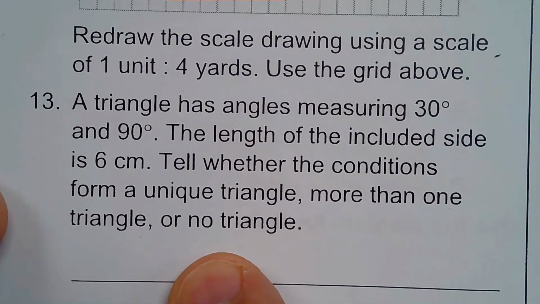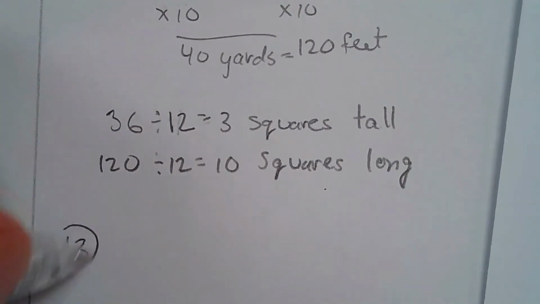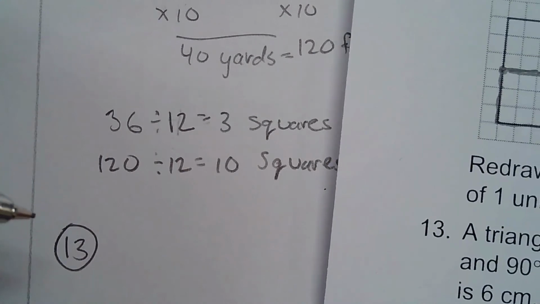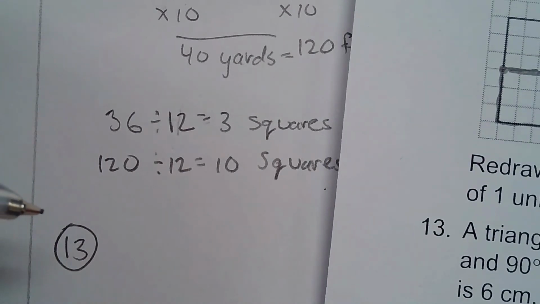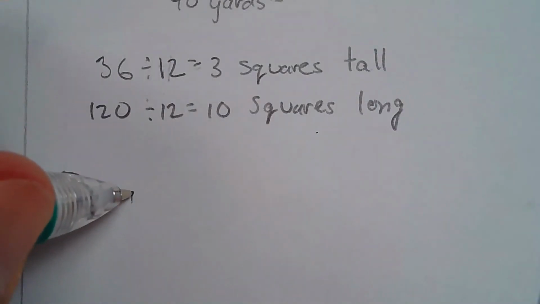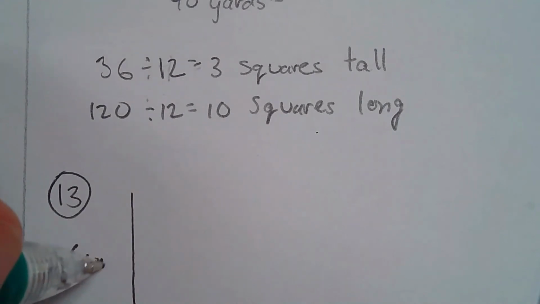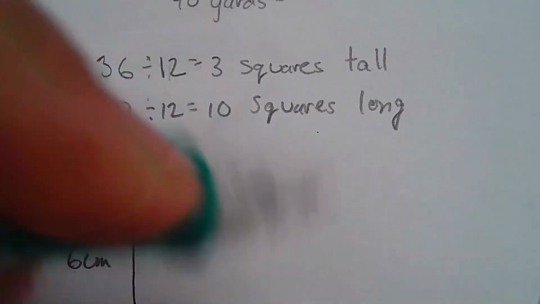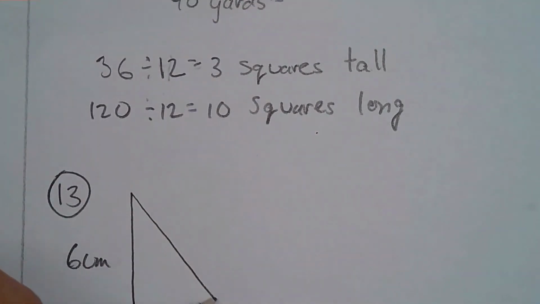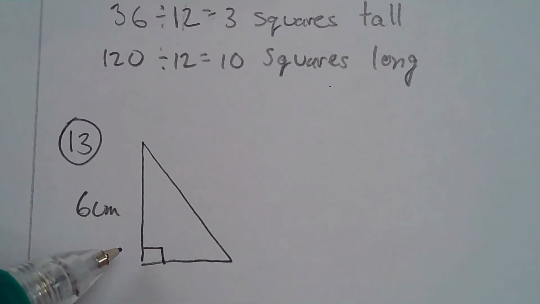Well, let's see. If I drew this here, number 13 has angles measuring 30, and the included side is 6 centimeters, and we have 90 degrees like this. So this square represents 90 degrees.